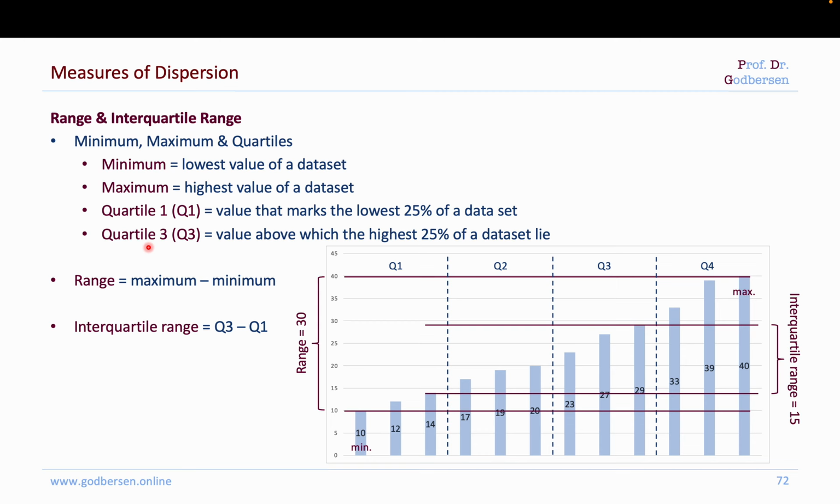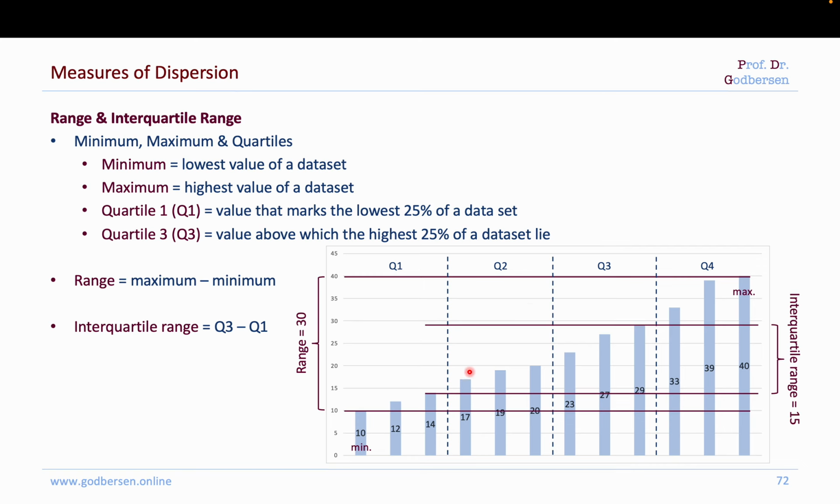And Q3, that is the value above which you find the highest 25% of your data set. The range is maximum minus minimum, so in which range is your data, and the interquartile range is Q3 minus Q1. Let me show you this as an example.